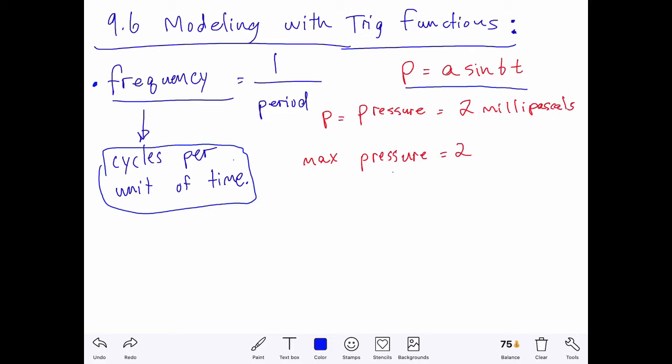Okay, so they give us this information that the pressure from a pure tone is 2 millipascals, and they also give us that an audiometer produces a pure tone with a frequency of 2000 hertz, and that's cycles per second.